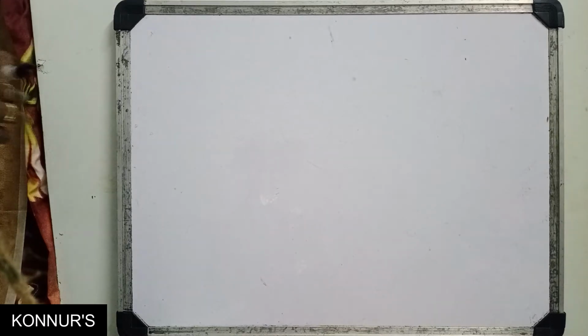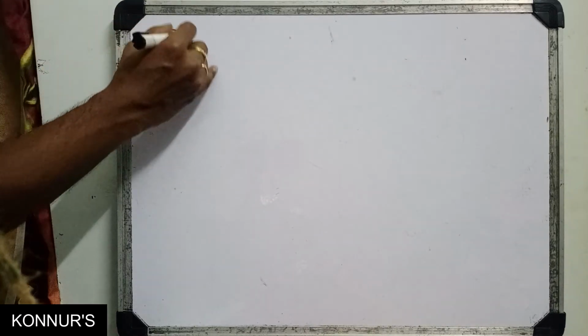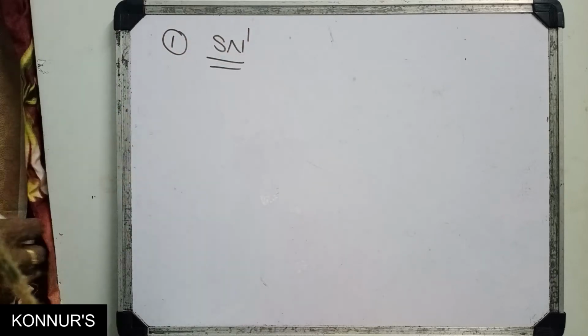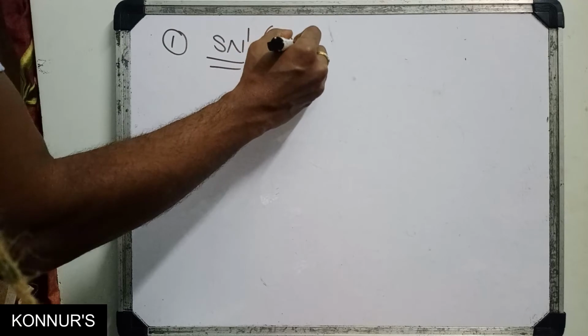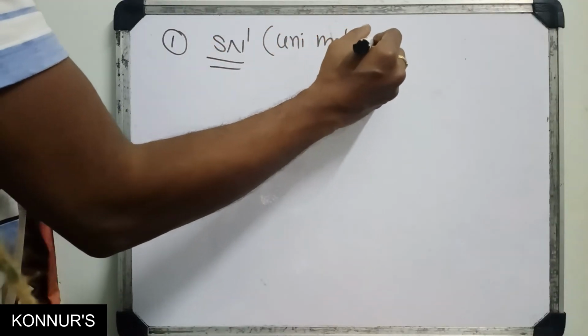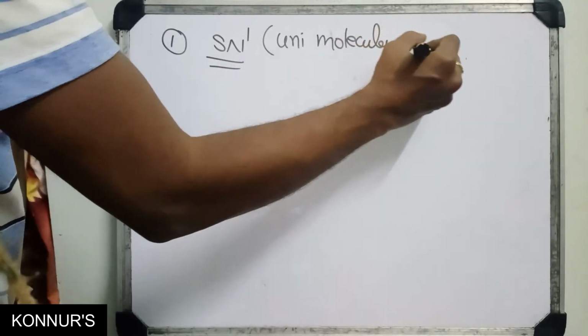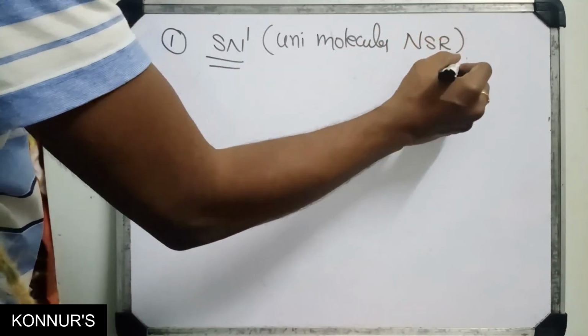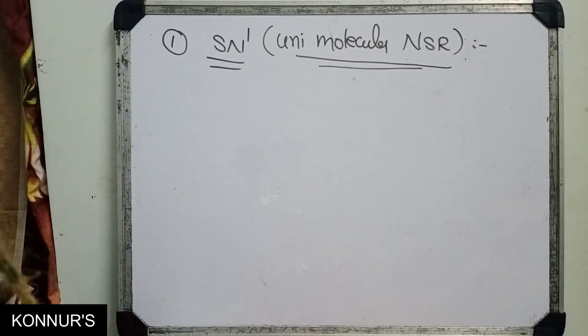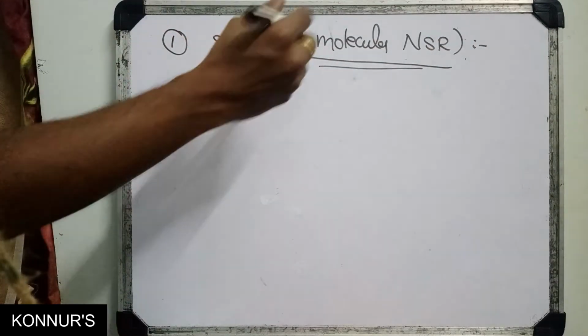In examples, first SN1. In organic chemistry, SN1 means unimolecular nucleophilic substitution reaction. Where is it applicable? In tertiary alkyl halides.